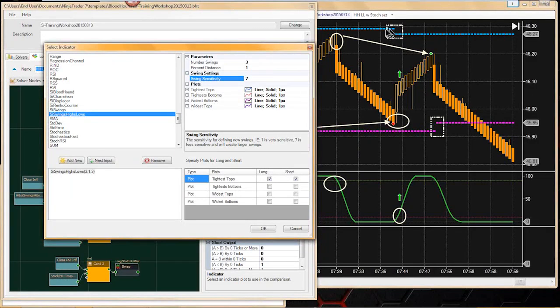So I guess when the widest tops plot shifts down, I'm going to generate a short signal. I don't think it really matters.